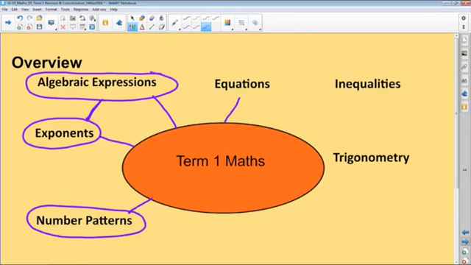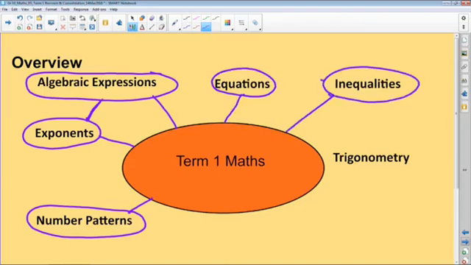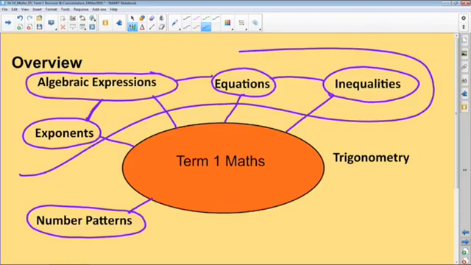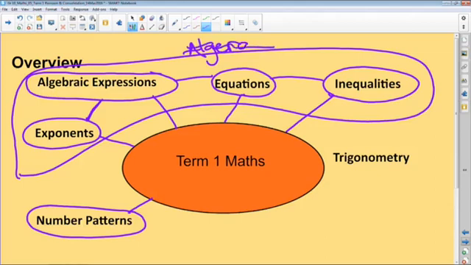And we did some equations and inequalities, and those are also very closely connected to these. And the reason they're all so closely connected is because they all require algebra to do. So those all, I spelled algebra wrong. So they all require algebra.